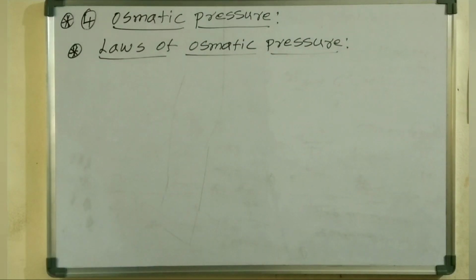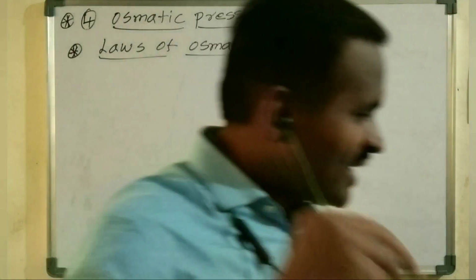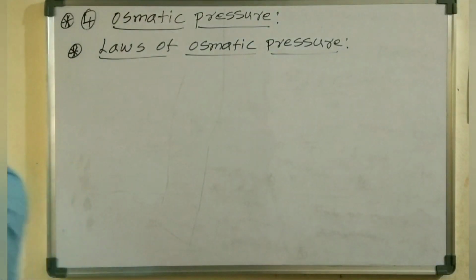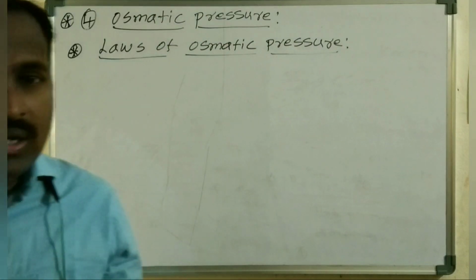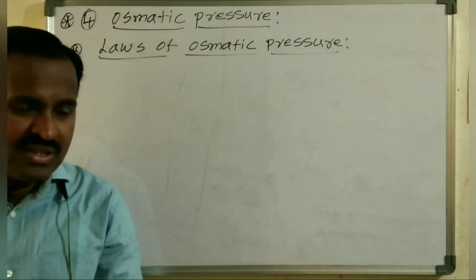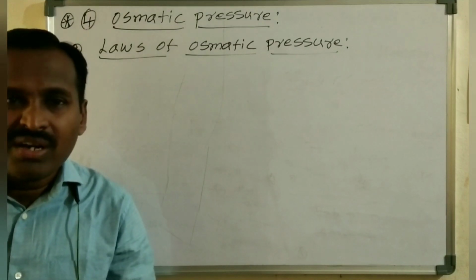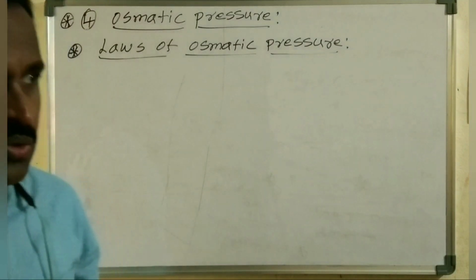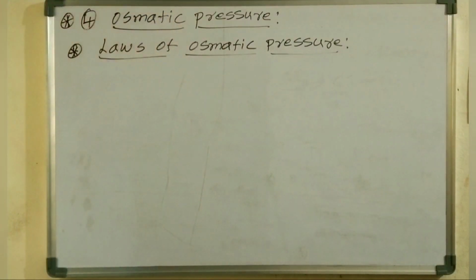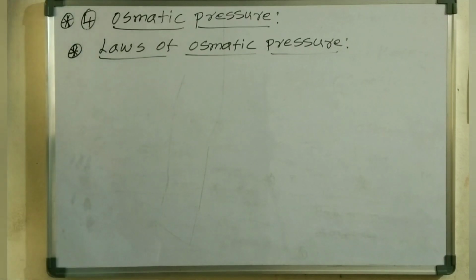He gave mainly three laws to determine the osmotic pressure: first, Van't Hoff's Boyle's law, then Van't Hoff's Charles law, and another one is Van't Hoff's Avogadro's law. By correlating these three laws we are going to derive the osmotic pressure equation.